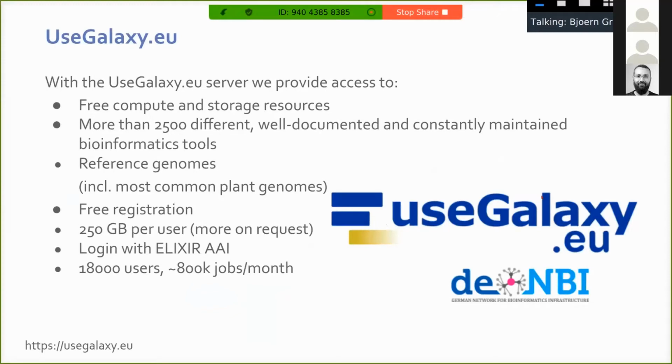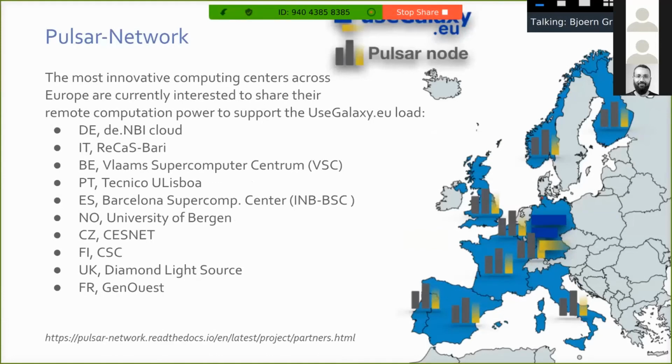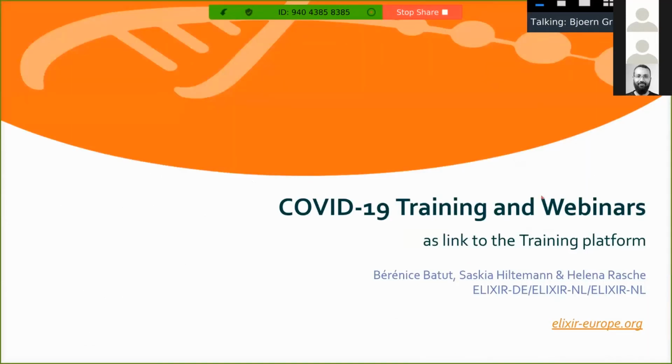So you can now run your cheminformatic drug discovery workflows with millions of jobs against this infrastructure. And this is, for example, possible because we also distribute jobs across Europe. So we actually submit jobs from one Galaxy instance to clouds in Europe. This is because we want to give you the opportunity to calculate millions of jobs.